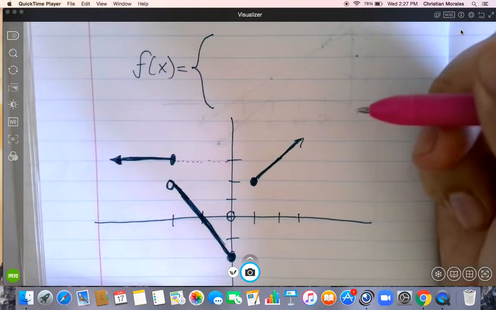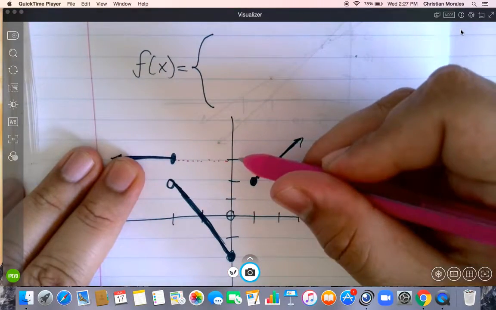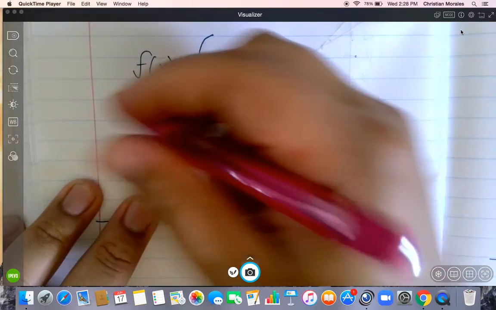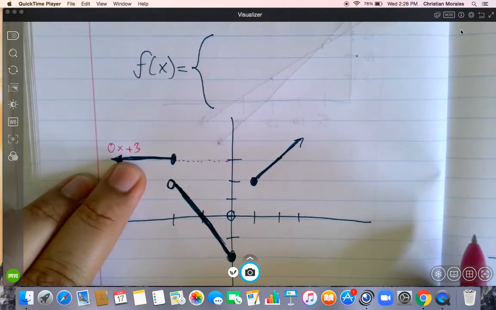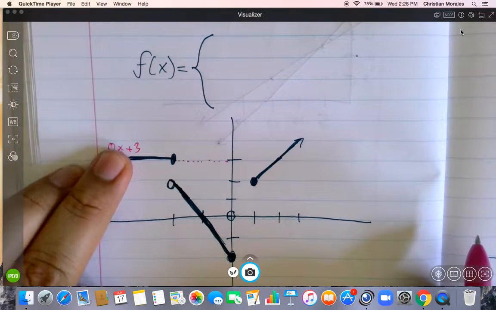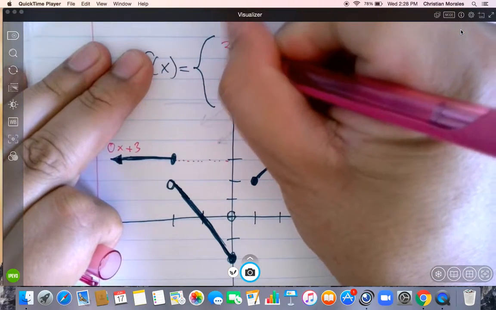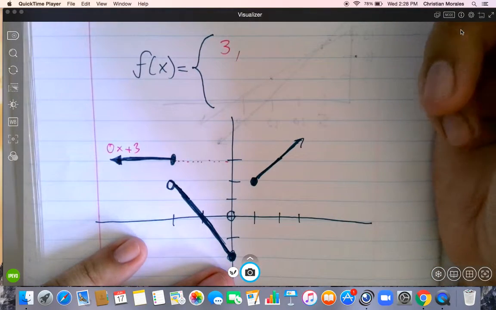What would be the starting point? What would be the mx plus b of this line? 3. Now what's the slope of this line? 0. So this line has 0x plus 3. Well, if that's 0, guess what you're just going to use? 3. So that's the first one.